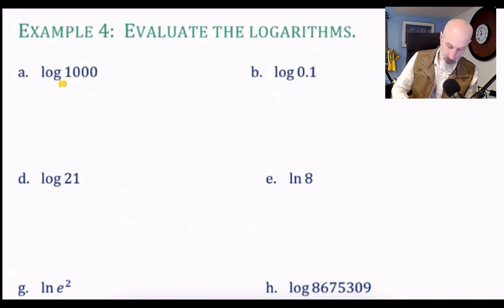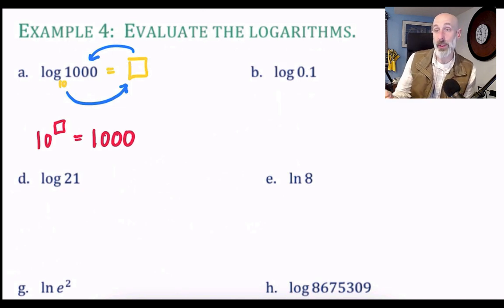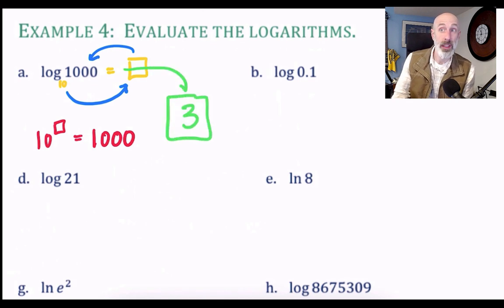If we also put our little box there and rewrite using the recycle symbol to figure out what we're being asked for: 10 to what power is equal to 1,000? 10 to the first is 10, 10 squared is 100, 10 cubed is 1,000. So this one becomes just 3. All right, I don't want to give it completely away, but example B is another one like this that we can solve without reaching for a calculator.